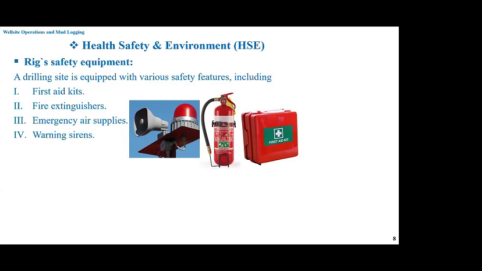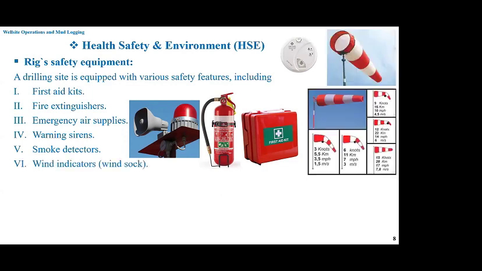Also, if there is hydrogen sulfide, smoke detectors in each room, for example the mud logging unit, office, drilling supervisor, and Wellsite geologist, to detect any smoke. Wind indicators, also known as wind socks, indicate wind direction and also wind speed, especially in case of hydrogen sulfide gas, because it is a fatal gas.